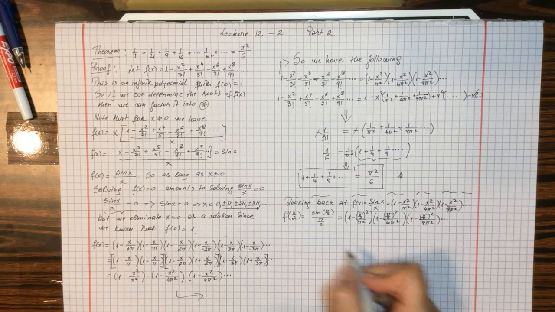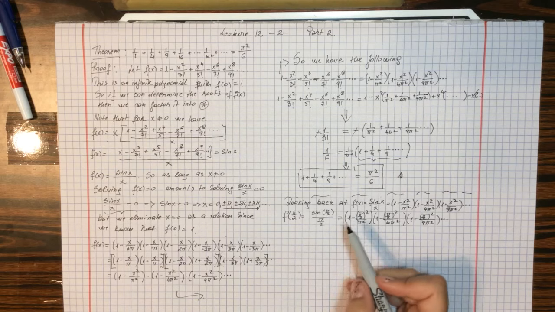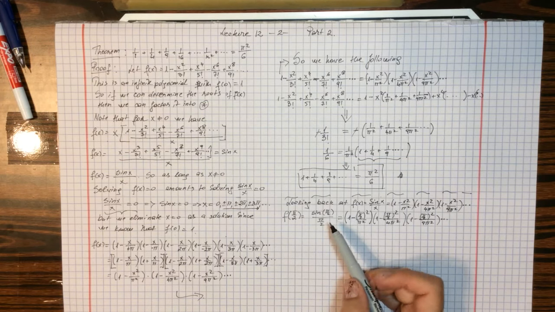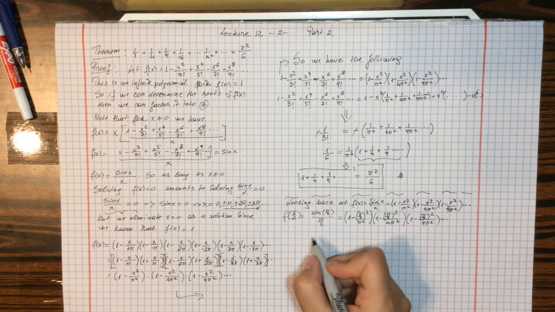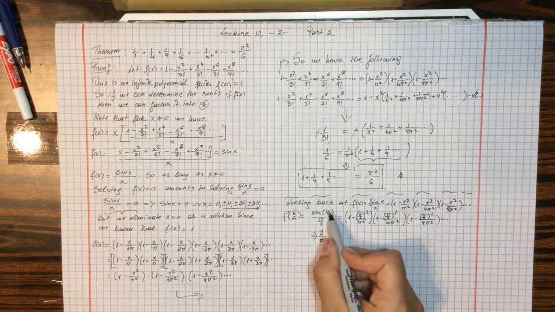Let me work this out a little bit. Sine of pi over 2 is actually 1. So 1 over pi over 2 is the same as 2 over pi.